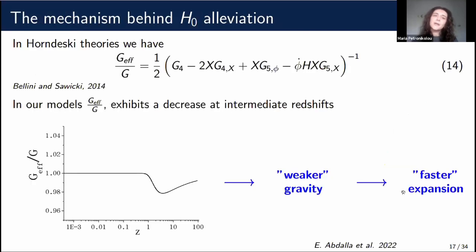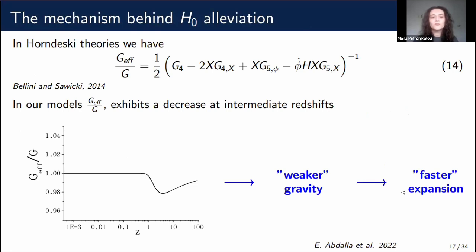Now, what is the mechanism that led to that alleviation? We know that in Horndeski theories, the G effective over G term is given by equation 14, which clearly shows us the dependence on the G5 term that we modified. So we plotted that term as a function of the redshift for every case.